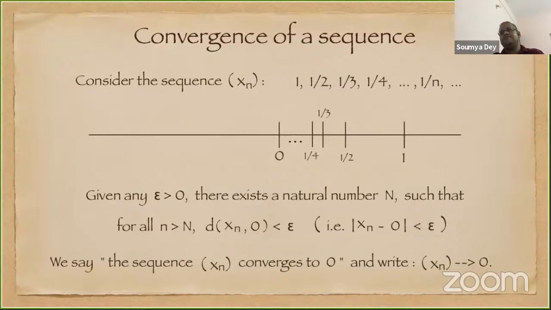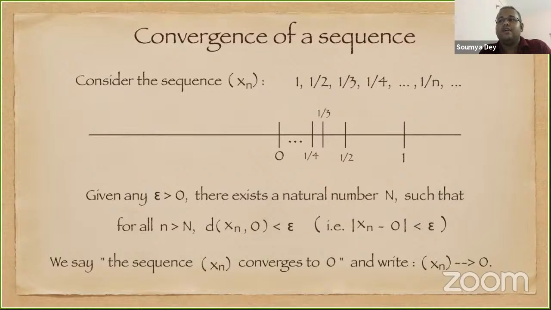Now we come to the main motivation behind this talk. We have defined what is a metric on a set, and we have seen examples. There can be many metrics on a given set. Now, why is a metric very important?